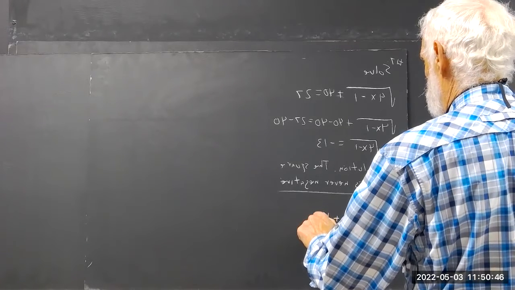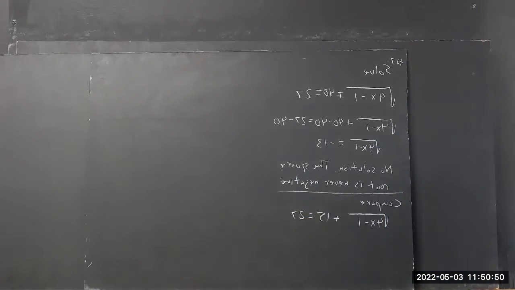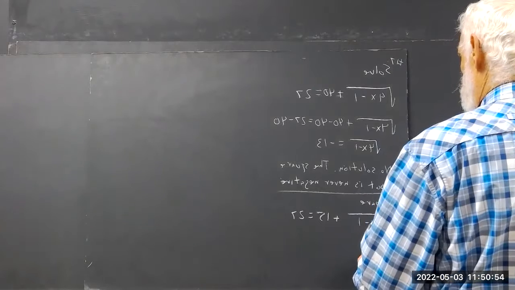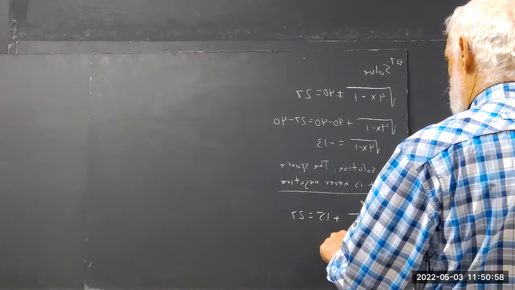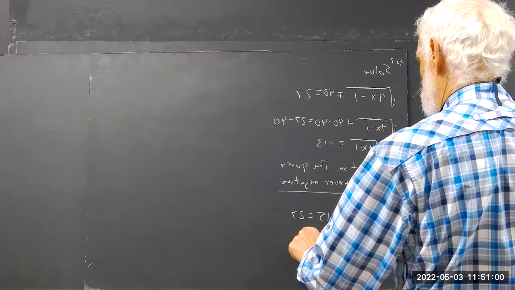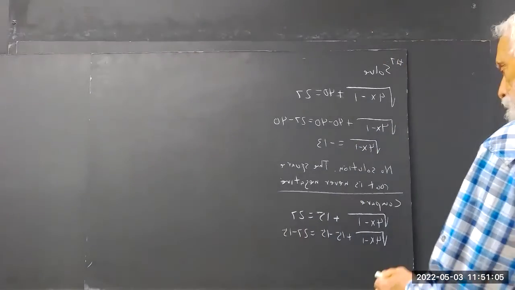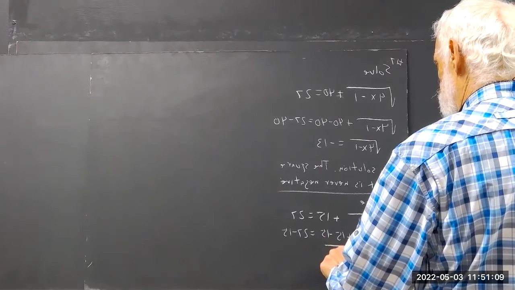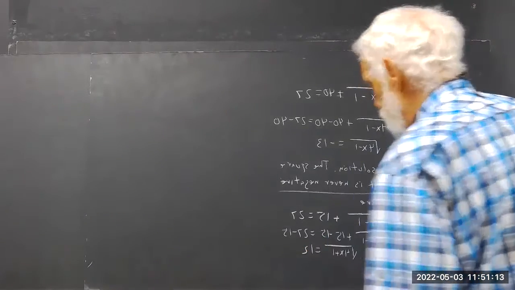We get this, subtracting 15 from both sides, which gives you the square root of 4x plus 1 equals 12.